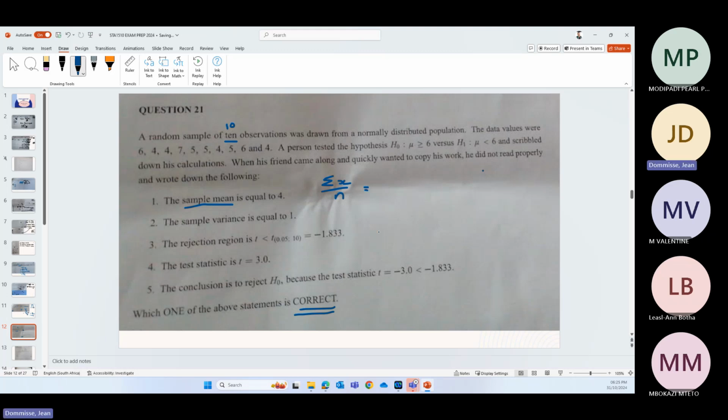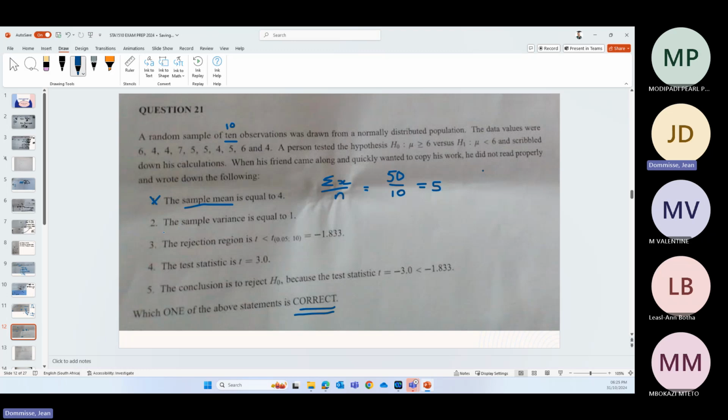So let's see, it is 6 plus 4 plus 4 plus 7 plus 5 plus 5 plus 4 plus 5 plus 6 plus 4. Okay, so I get that as 50. 50 divided by 10 is equal to 5. Okay, so incorrect.